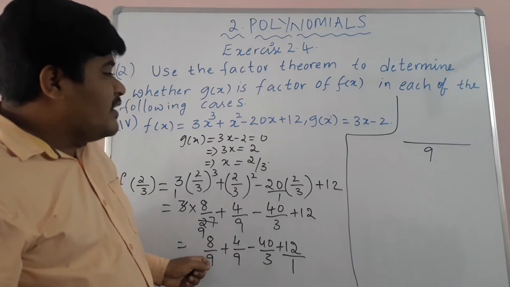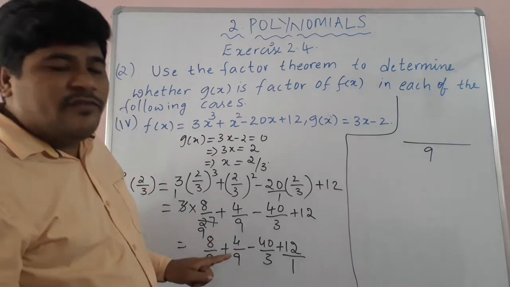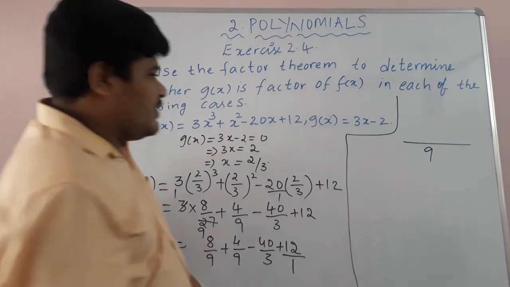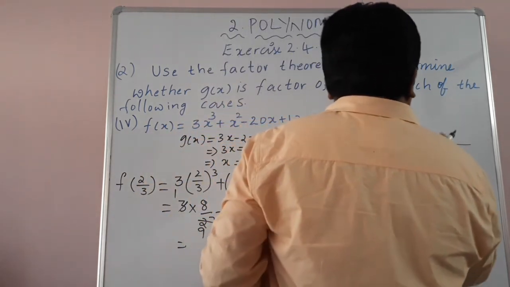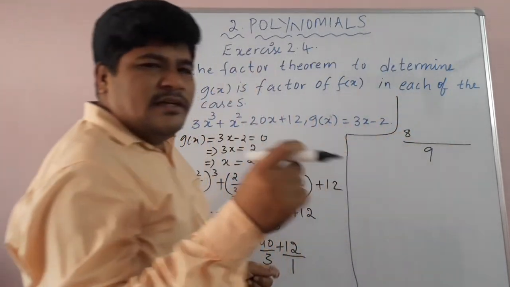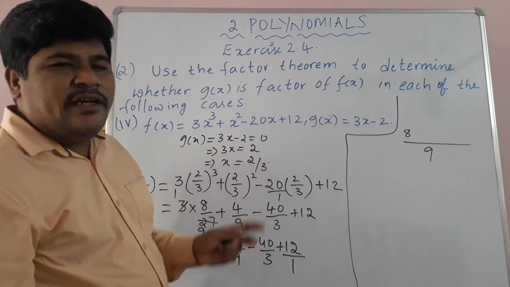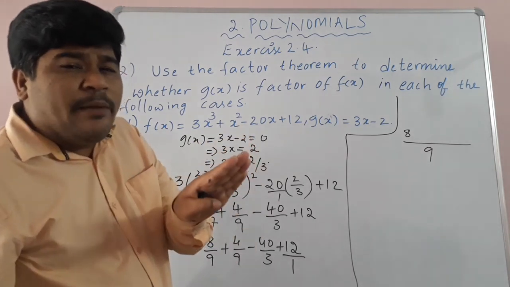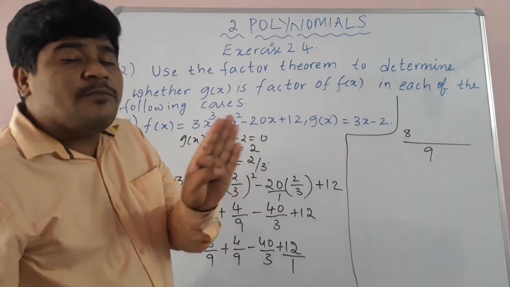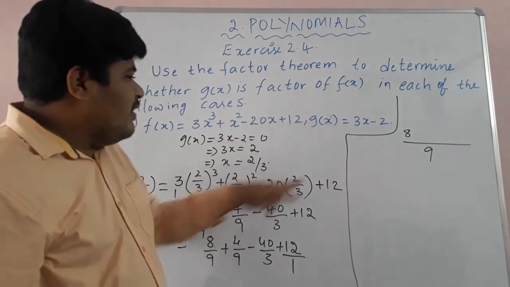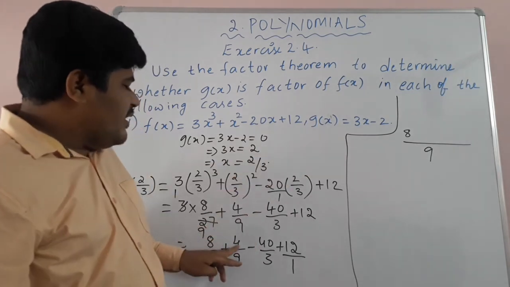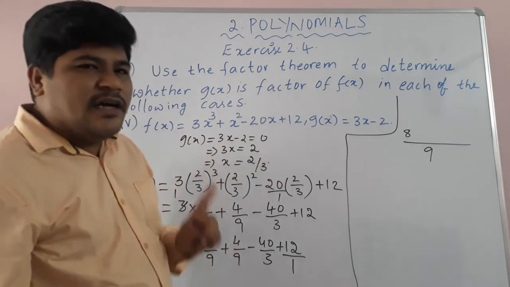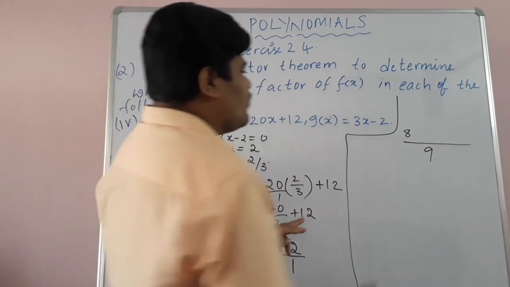Now see, 9 1s are 9, that quotient is 1, 1 into 8 is 8. So we divide this LCM by the denominator of each fraction, and those quotients should be multiplied with the corresponding numerators. So 9 1s are 9, 1 into 8 is 8. Again 9 1s are 9, quotient 1, 1 into 4 is 4.